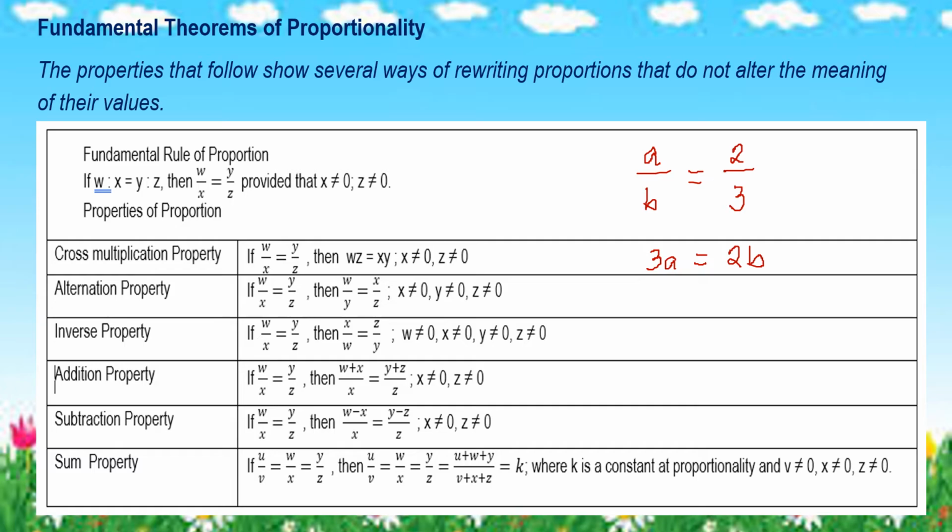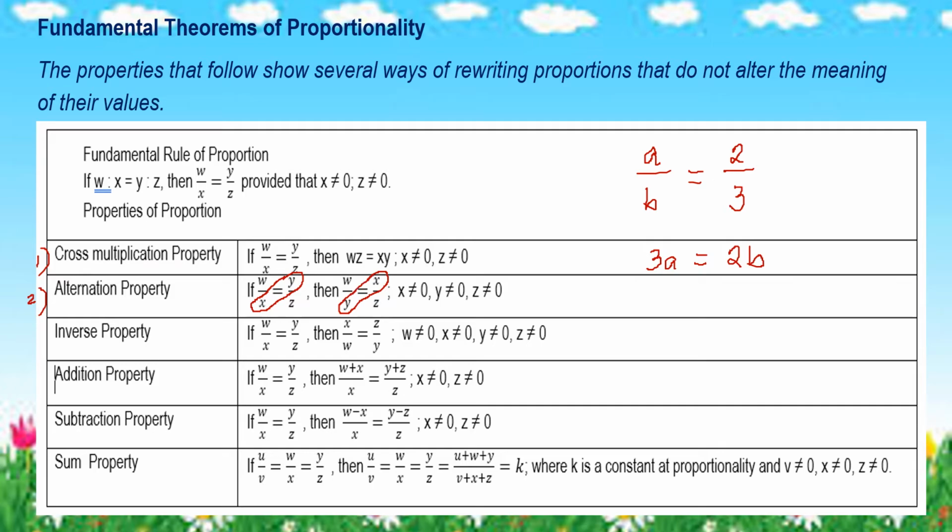Number 2, we have the alternation property. So if we have w is to x is equal to y is to z, if we rewrite it using alternation property, it becomes w is to y is equal to x is to z. If you try to observe, we switched the means.